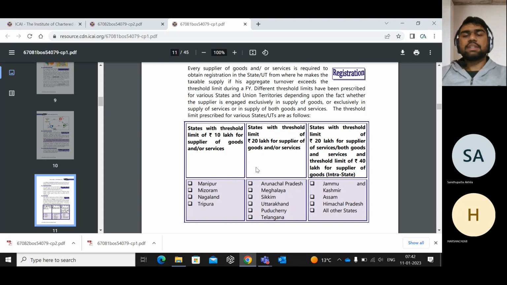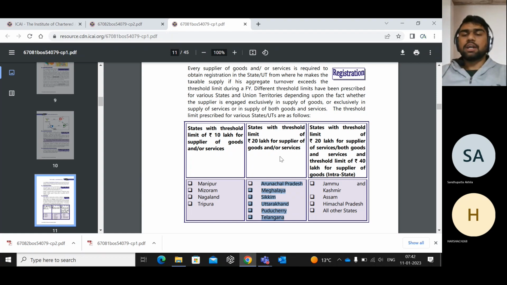Now, the states where the threshold limit is 20 lakhs. This 20 lakhs limit is applicable for the supplier involved in goods and the supplier involved in services. Your terminology is important. If they fall under this category of states, then the 20 lakhs limit is applicable.